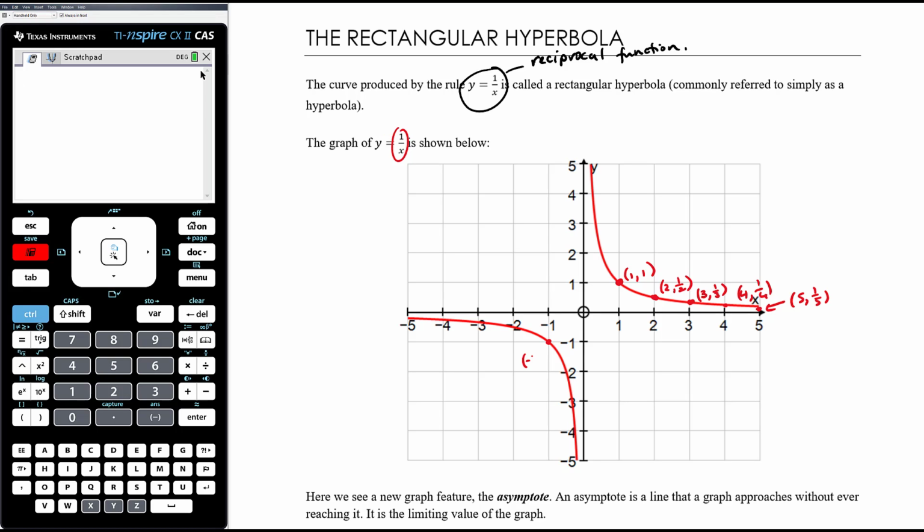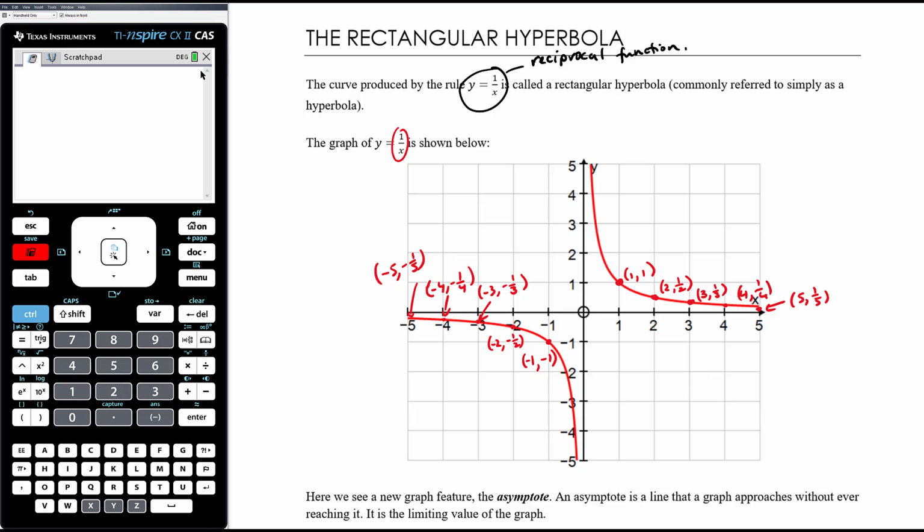So when x equals -1, y equals 1 divided by -1, which is -1. When x equals -2, y is 1 divided by -2, which is -1 half. This is -3, -1/3. This is -4, -1/4. This is -5, -1/5.